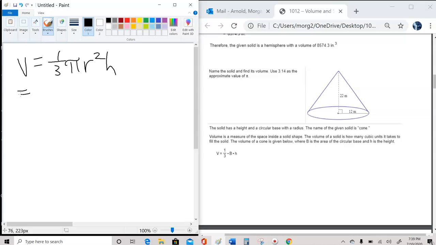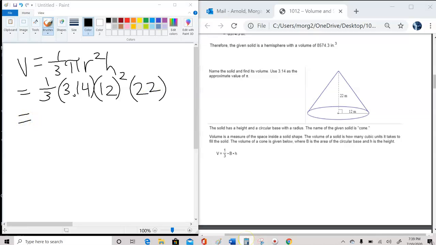Once you pick the right formula, plug in your given dimensions. So we'll use 3.14 for pi. The radius is 12, and it's squared. And the height is 22 meters.